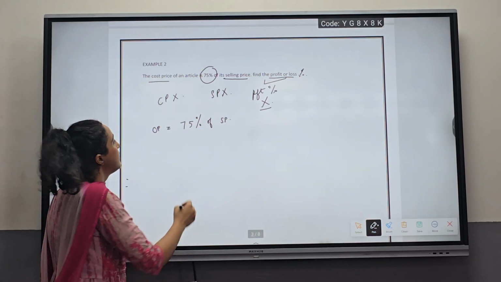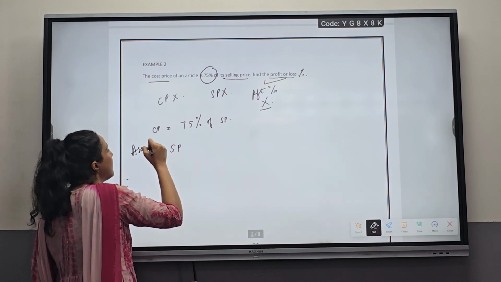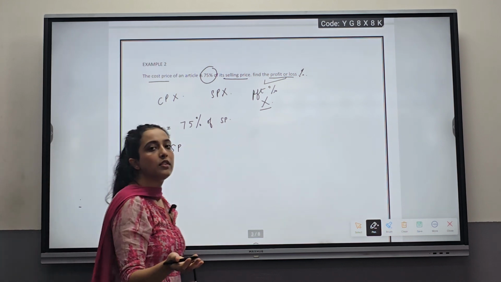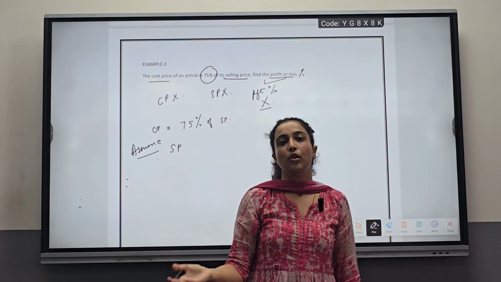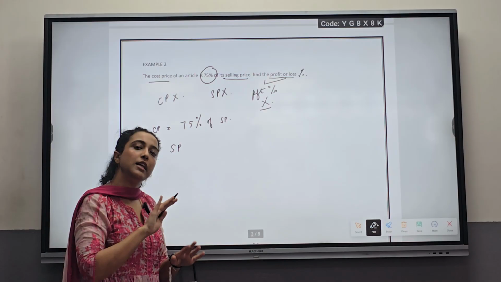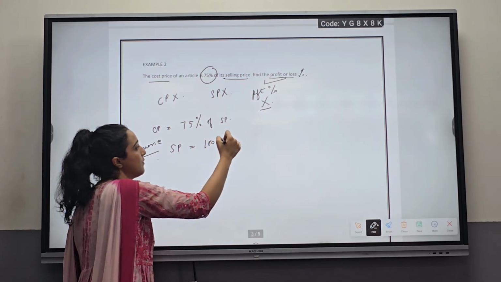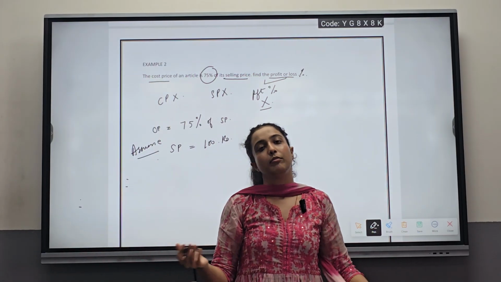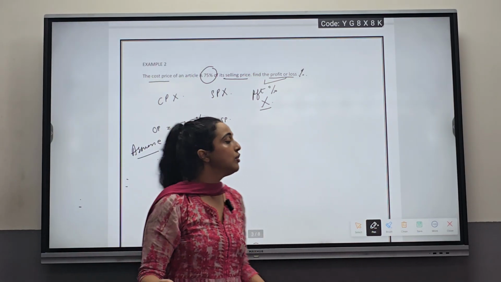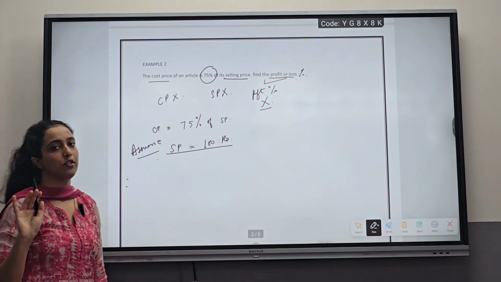So what other option do I have? I just have to assume. For assumption, I will take the easiest option possible. Let's say selling price is 100 rupees. When you assume a value is 100, it makes calculation easy for you. So I will just assume that the selling price of that article is 100 rupees.